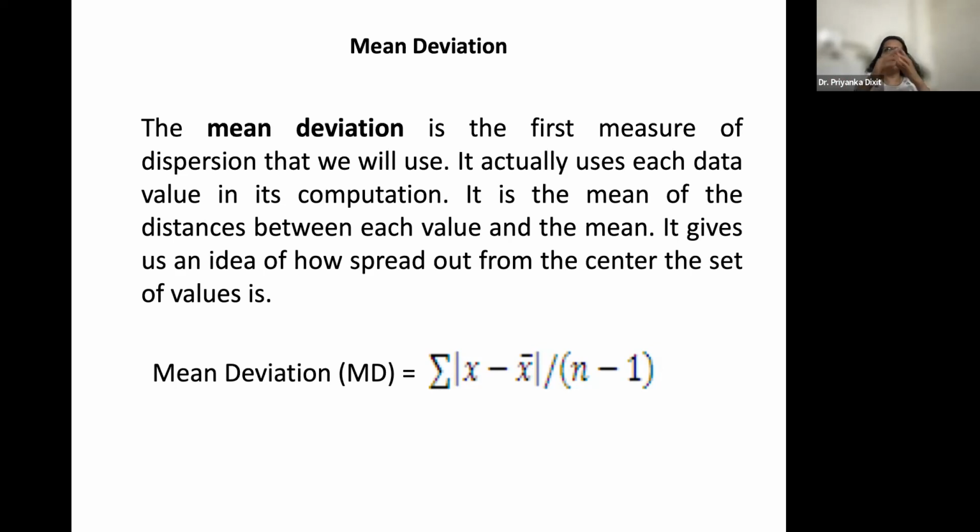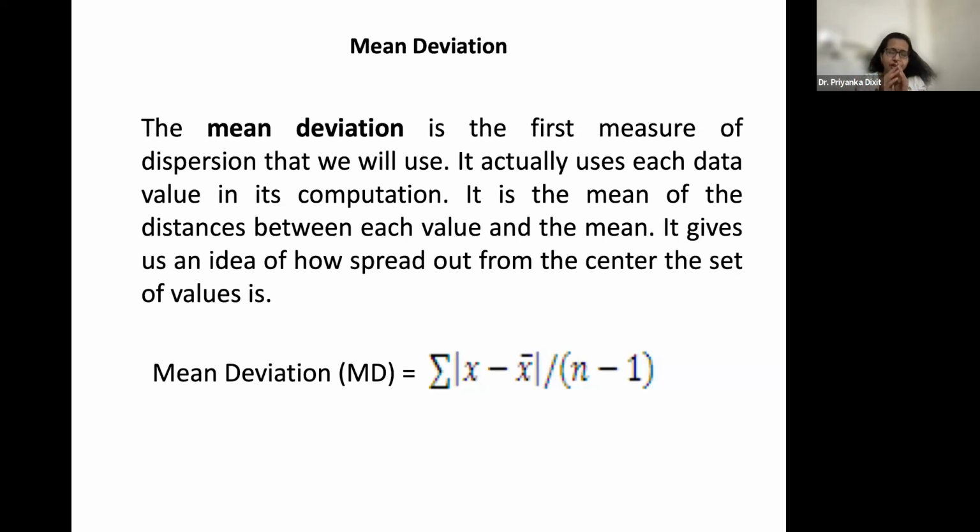So we are just calculating how far the different x values are from the mean; that is what mean deviation does. Now there is a possibility that some values are above the mean and some are below the mean, right?